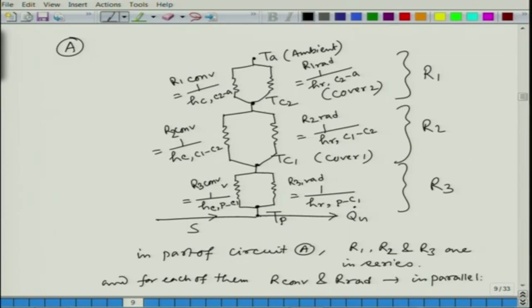This should be pretty straightforward and clear for the heat transfer analysis.